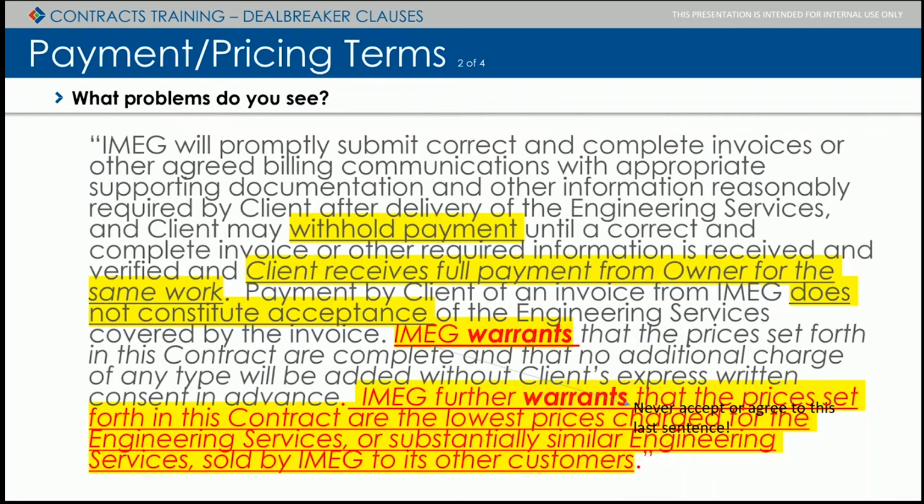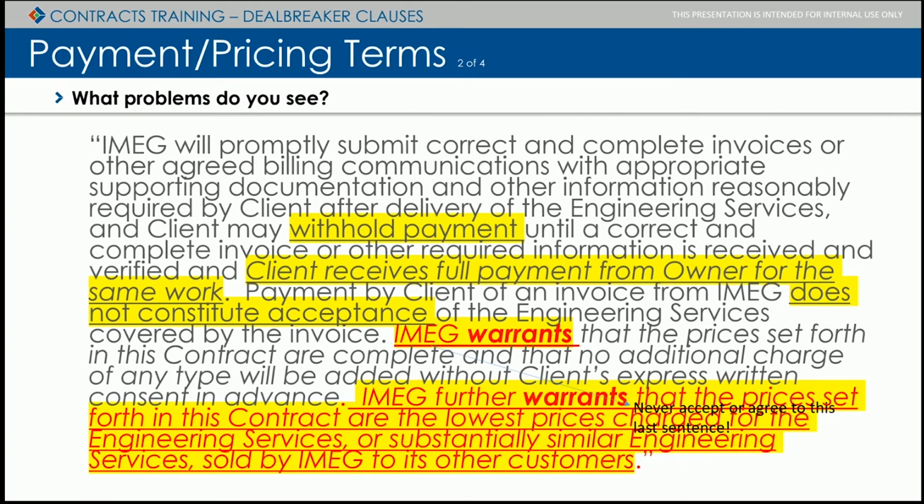I see a lot of this, and I'm sure you all have experienced this, where payment is withheld until we do X, Y, and Z. And that's usually tied back to the contract. We see all the time a client make it contingent upon receiving payment from the owner. And then payment by the client of an invoice from MyBank does not constitute acceptance of our services.